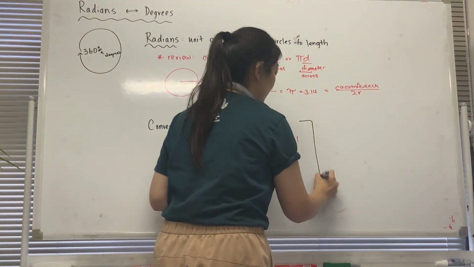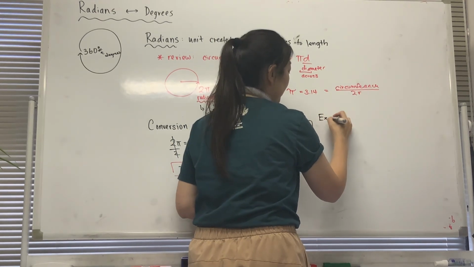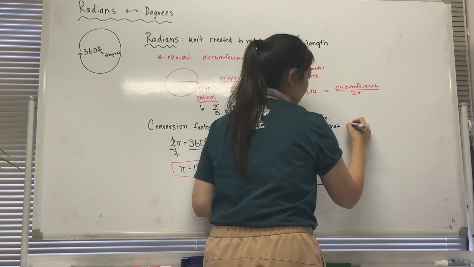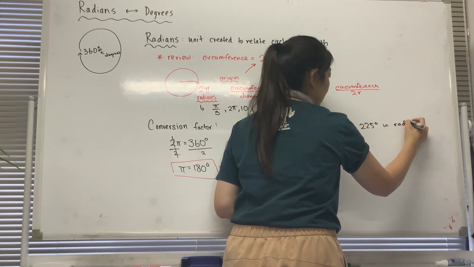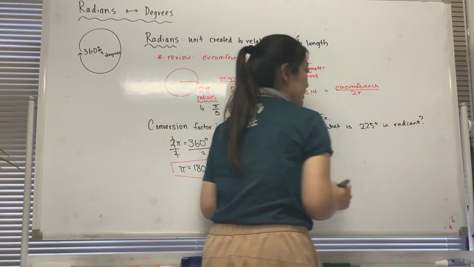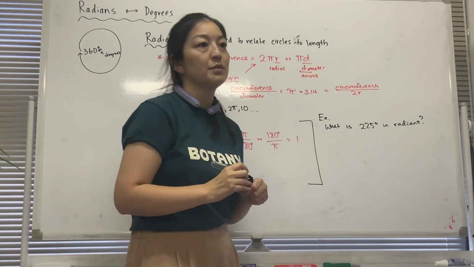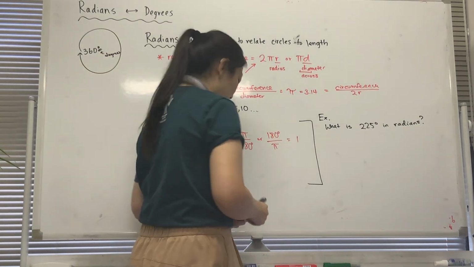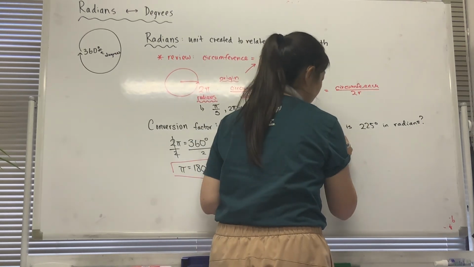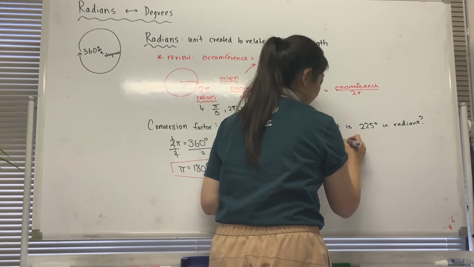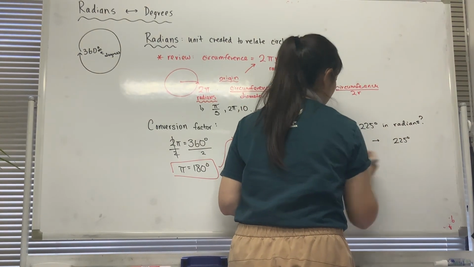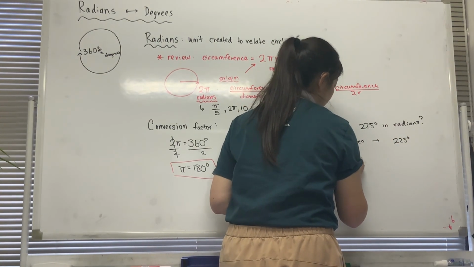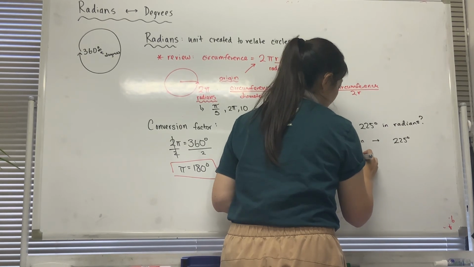So, for example, what is 225 degrees in radians is going to be a question. This is going to involve some roots sometimes, but hopefully not here. What you are going to do is write out the given. The given information here is 225. Then you are going to multiply by the conversion factor.